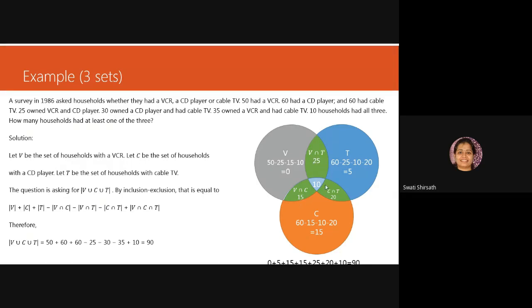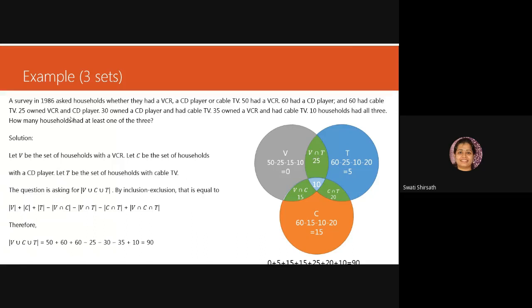Again, as I have told you, the intersection value you have to find and that is the very first job. So firstly, we'll write this 10 over here. After that, we'll calculate only this green part, V and T. Just look at the value of V intersection T. What is it?